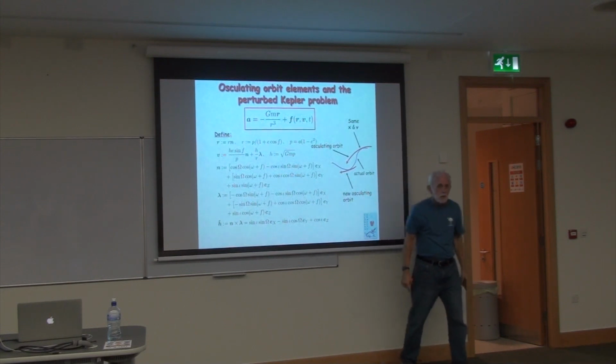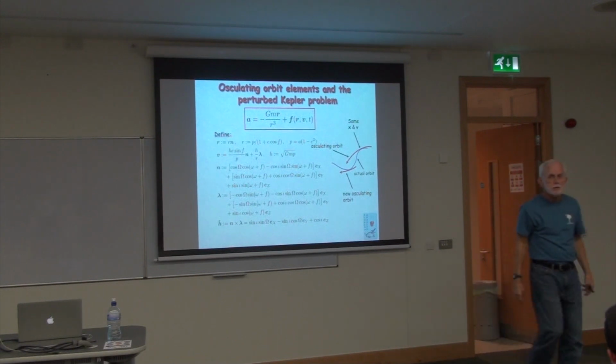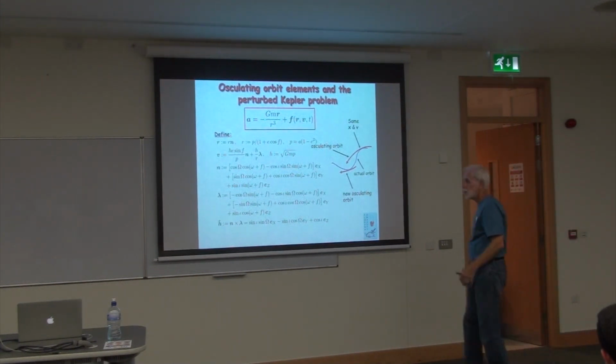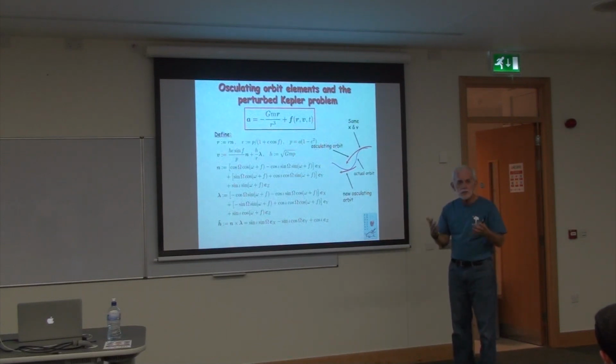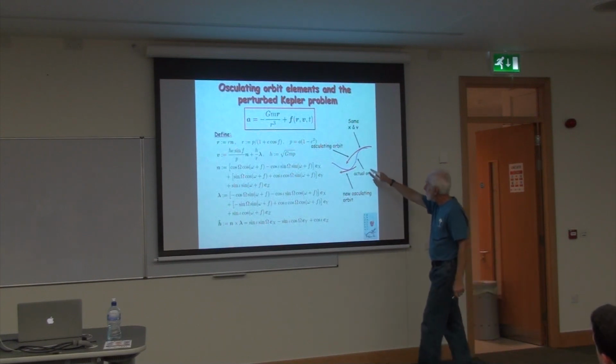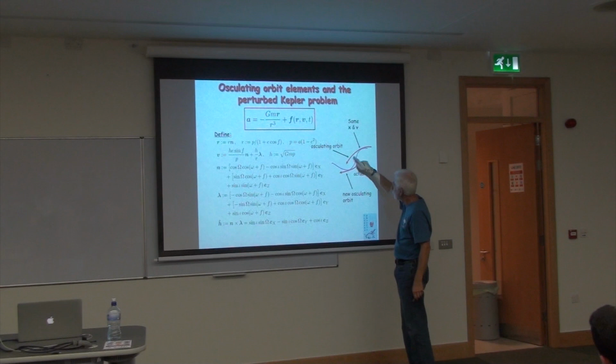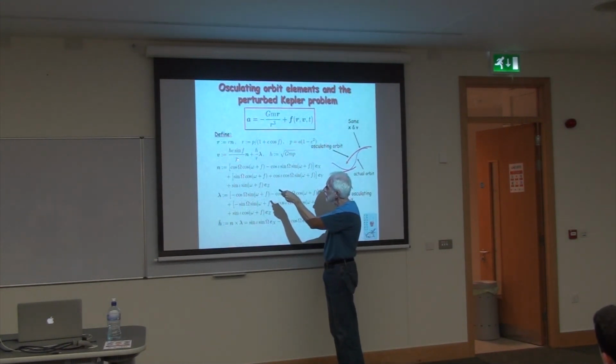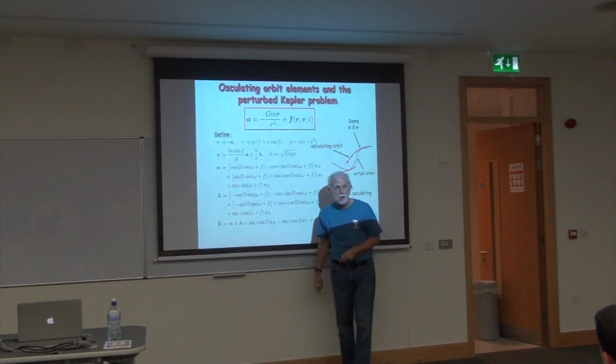The thing is, if the perturbations are small enough, then the orbit is almost a completely Keplerian orbit with constant values of A, E, omega, etc. And if these perturbations are weak, then the variations in these quantities, which are hitherto constant, might be small.